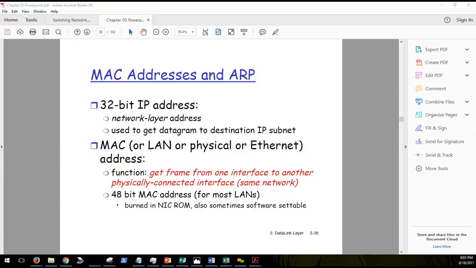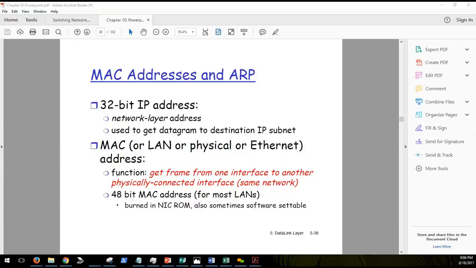An Ethernet port and a network interface are one and the same. Write that down. One and the same.